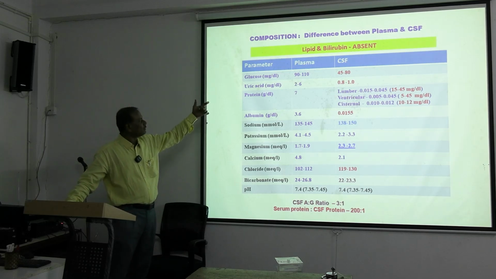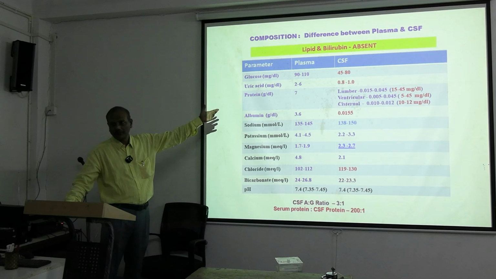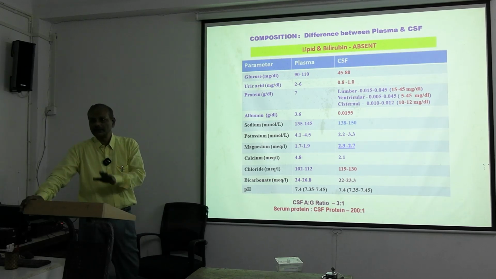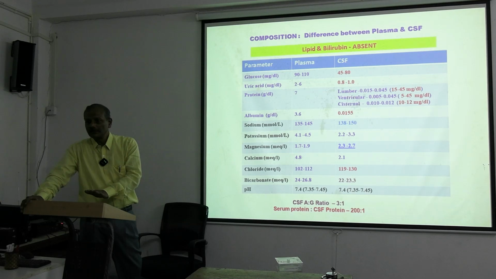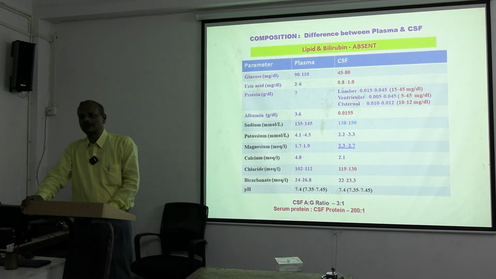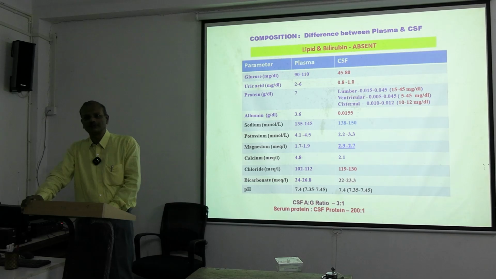From a clinical point of view, glucose and protein are the most important things, and using these two parameters, you will be able to diagnose the three different types of meningitis: viral, bacterial and tubercular. Why is this important? Because the management of all three is different. Viral meningitis doesn't require that much aggressive treatment because we don't have that many antiviral agents.